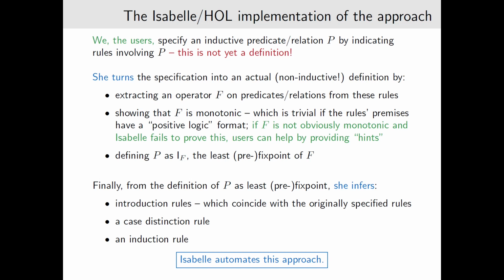So sometimes it's actually meaningful for Isabelle to fail on a definition that should go through, and you have to help it a little bit, by essentially proving monotonicity yourself, giving a sufficient amount of hints so that she can prove monotonicity.